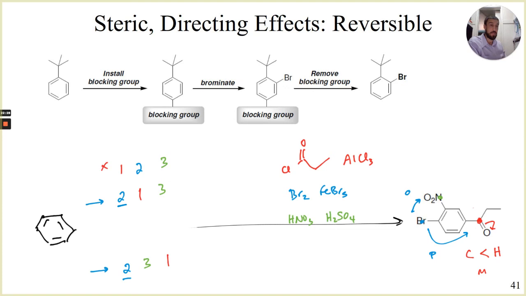So now the next bet, what should we do next? I will remember para-ortho, which means it's going to direct para preferentially. If I did the nitro next, that's probably going to place the nitro in the para position, not the ortho position. So that probably means that step 3 shouldn't happen right away. I probably want to do the acyl group first.